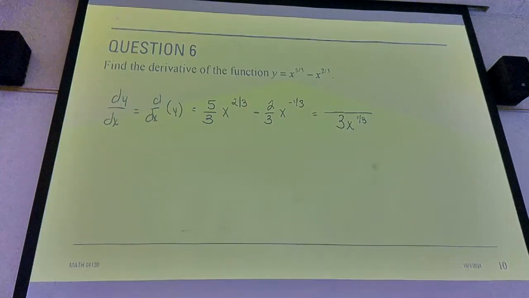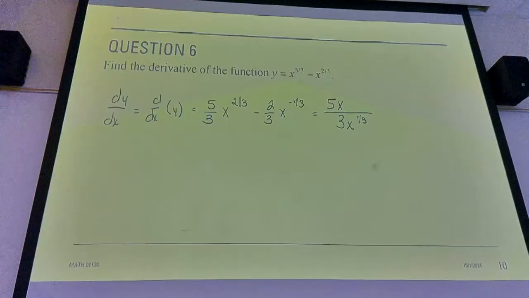When you factor out an x to the minus 1/3 from x to the 2/3, what are you left with? X to what power? 1. First power. How'd you get it? I kind of reverse engineered it because if it's 3 over 3, which is 1, minus 1/3, it would be 2/3, which is what we have.